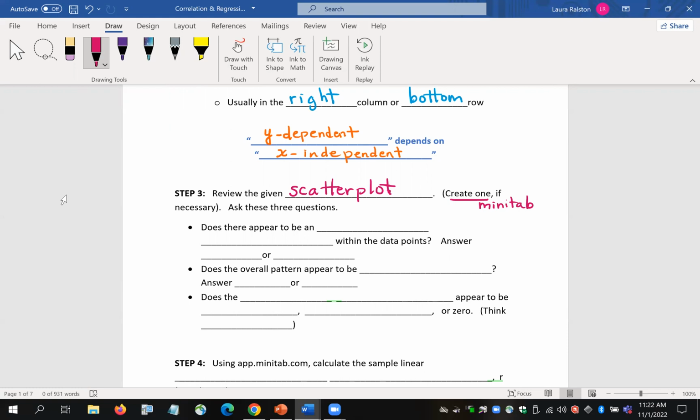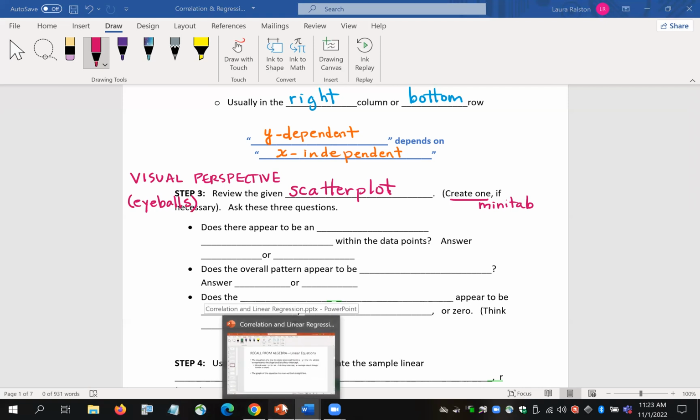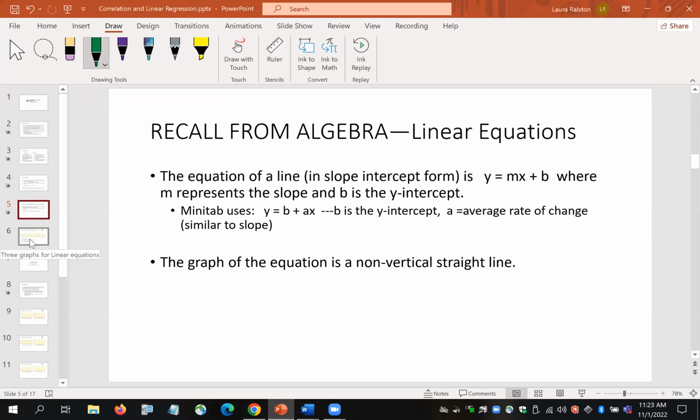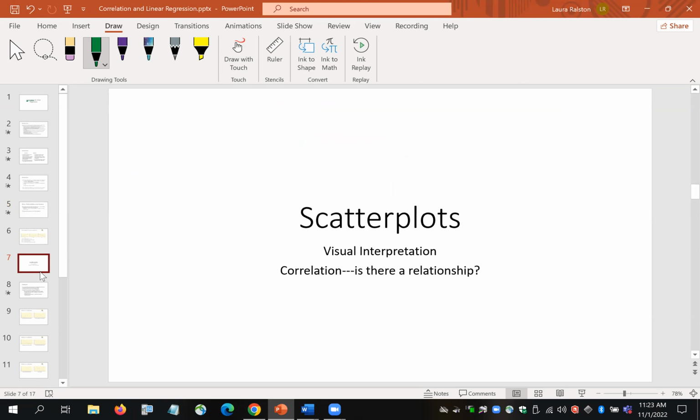And we start out in step 3 looking at it from a visual perspective. We are basically going to use our eyeballs to make a decision. So I want to go over to the PowerPoint for a minute and talk about what a scatter plot is and how we create one.